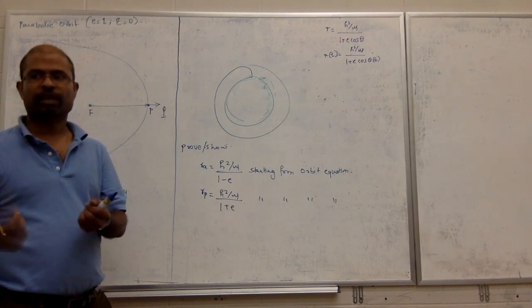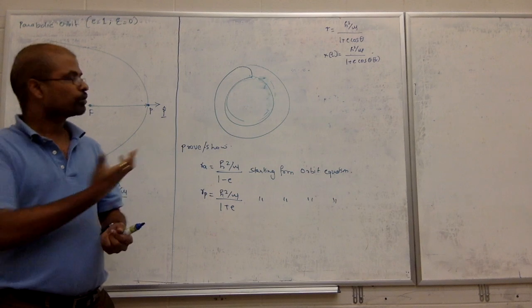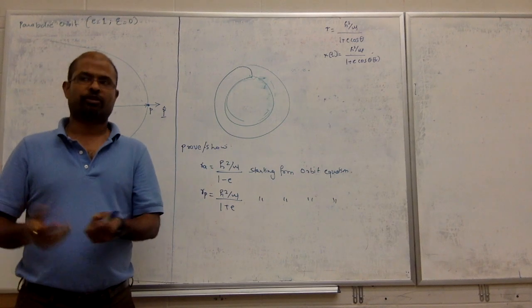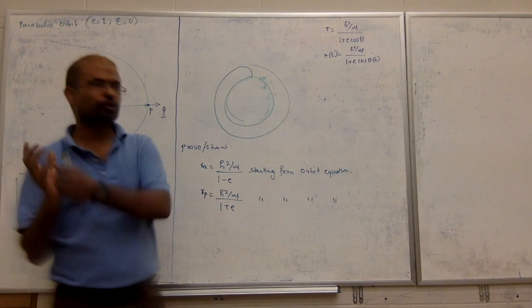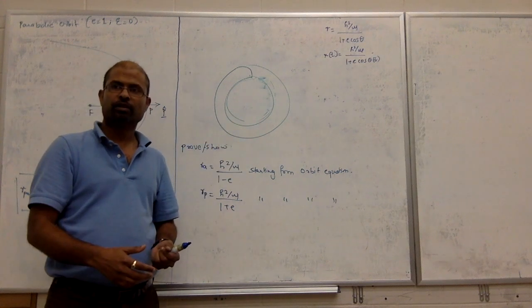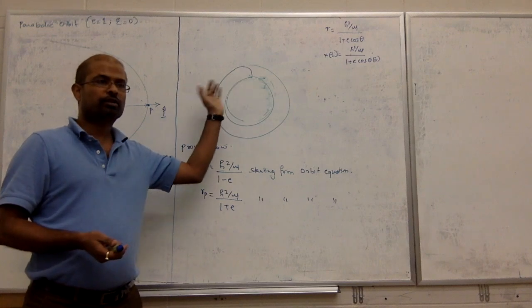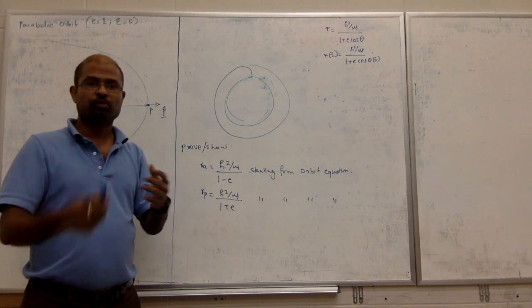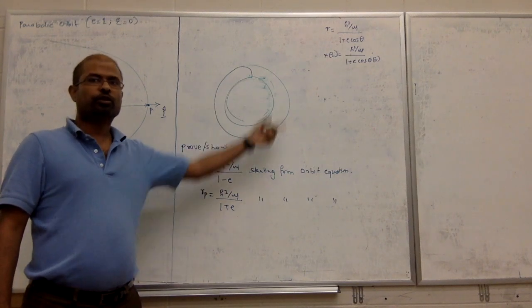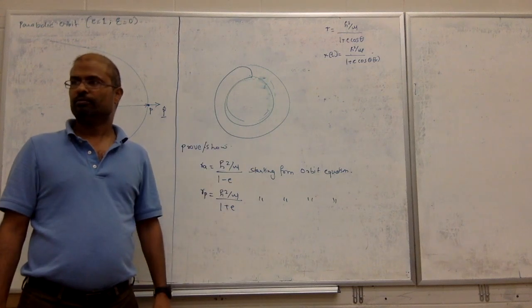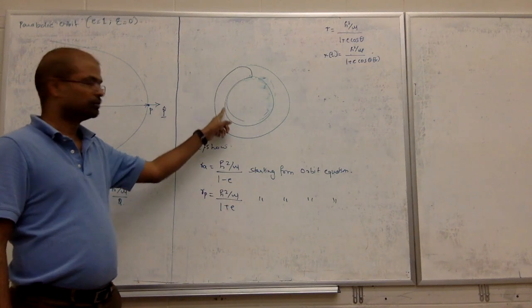But what is holding it back? The string. Here, what is holding it back? The gravitational force is not going to let it go away, but the velocity, there is a change in momentum, right? That thrust is going to keep it going. So this is the orbit.